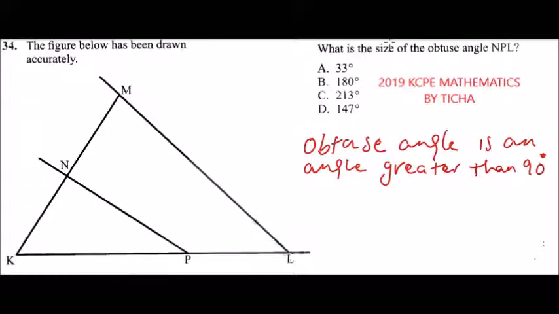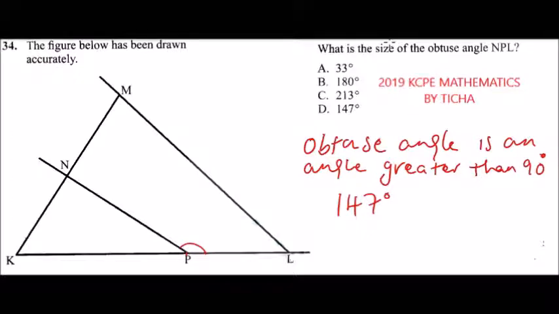So we are told NPR. So this is the angle that you are required to measure. So you just pick your protractor, you place it here where there is a mark of 90, where you place it at P, and then from the right side you read the angle all around up to where we have the line NP, and when you do that you get the angle is 147 degrees.